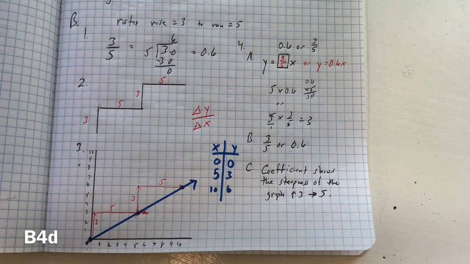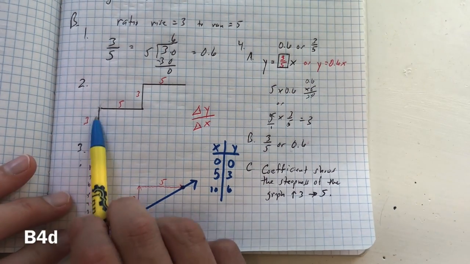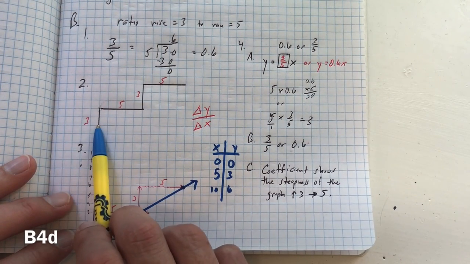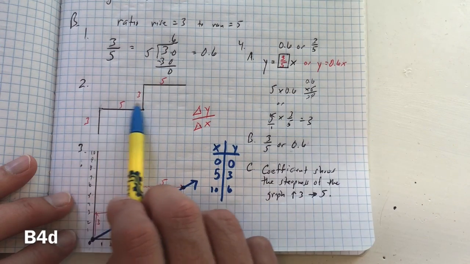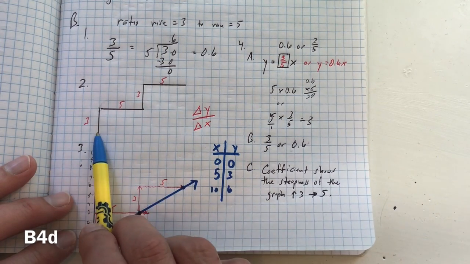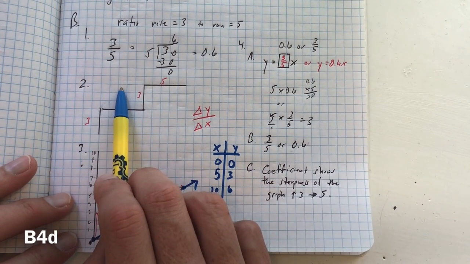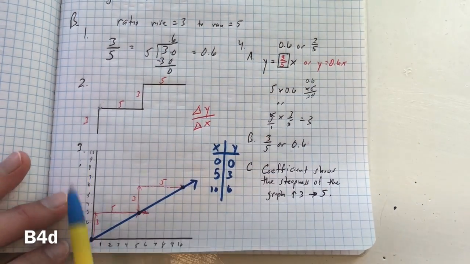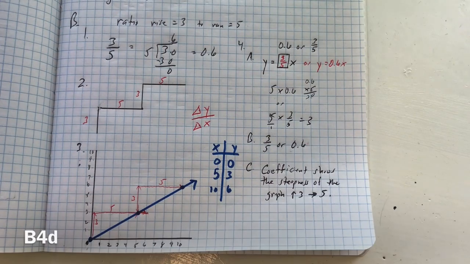All those are connected. If I have a lower rise and a longer run, the steepness will not be as high. But if I had a higher rise and a shorter run, it would be much steeper. Depending upon that, it shows how steep it'll be.